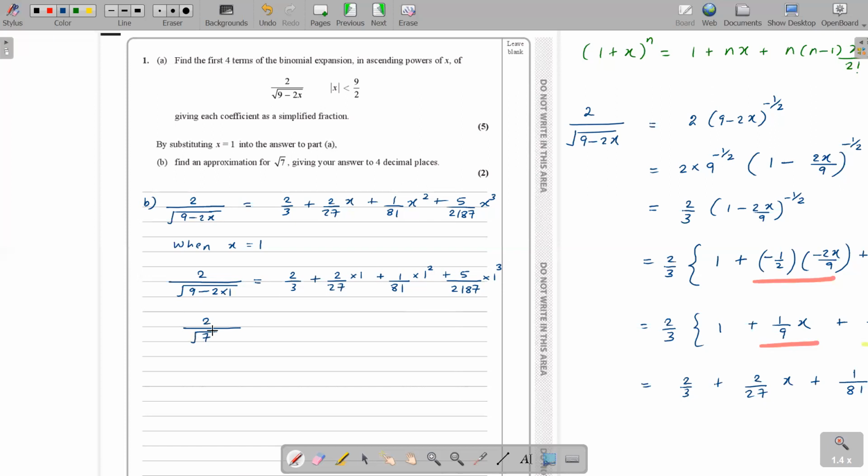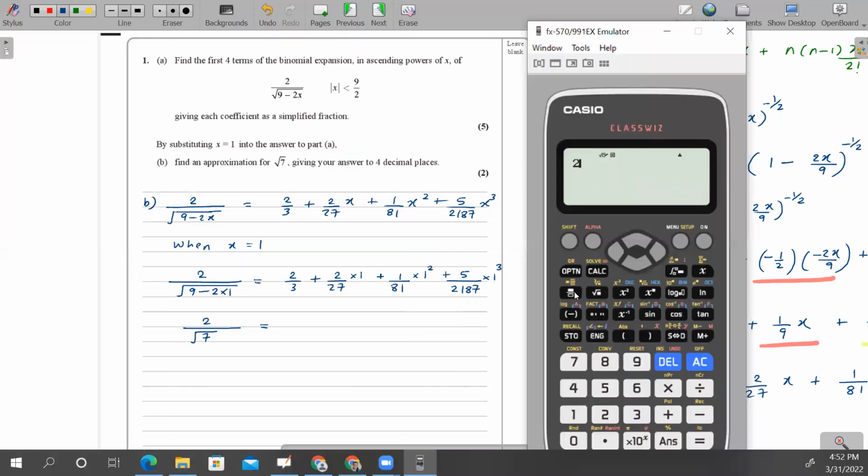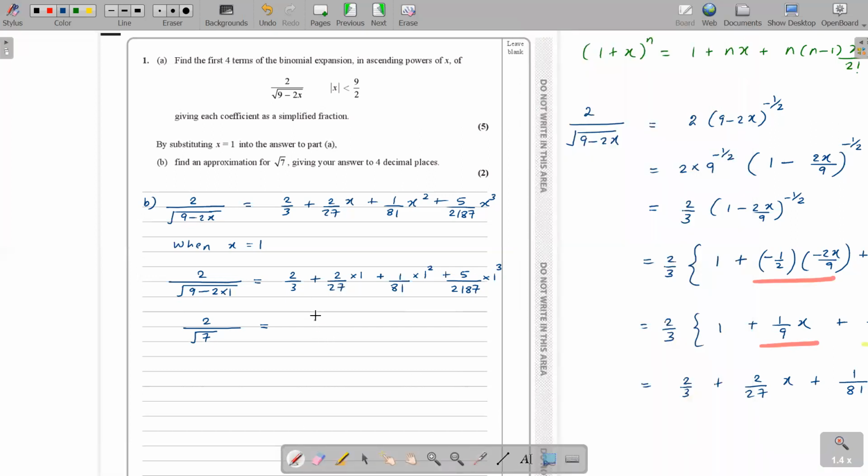And I want to get an approximation for root 7 as well. Can you all type this whole thing in the calculator? What do we get? I type 2 over 3 plus 2 over 27 into 1 means 2 over 27, plus 1 over 81 plus 5 over 2187. So I get this answer, 1652 over 2187.